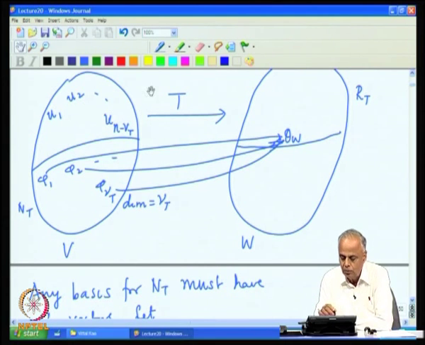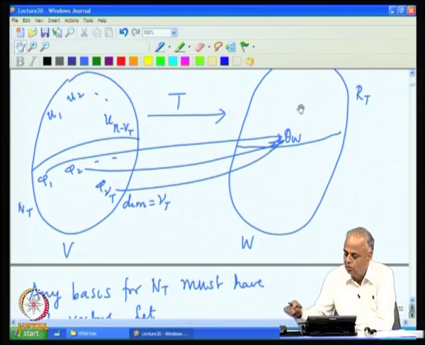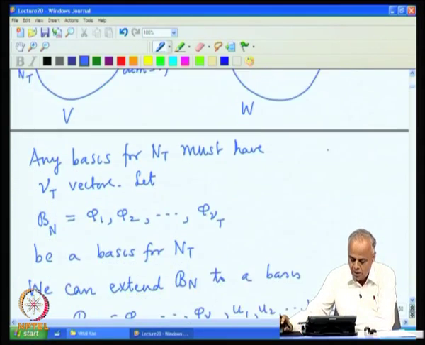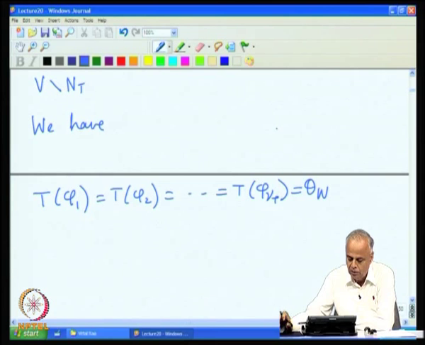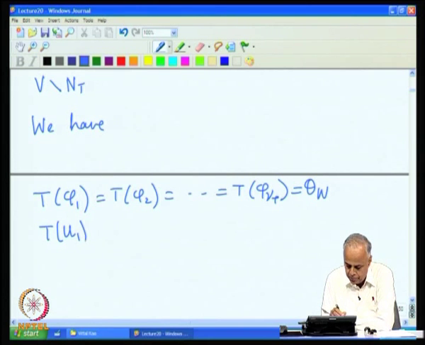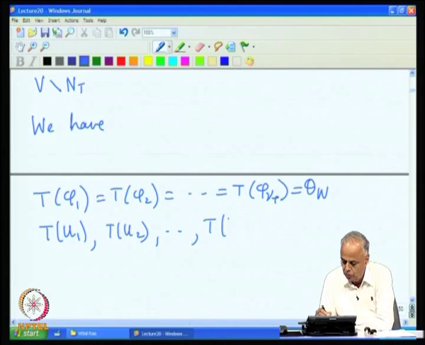Similarly, u2 is going to go to a non-zero vector, u n minus nu t is going to go to a non-zero vector. So, u1 will go somewhere there, u2 will go somewhere there, and so on, they will avoid theta W. So, we have T phi 1, T phi 2, T phi nu t is theta W, and T u1, T u2 and T of u n minus nu t are all different from theta W.